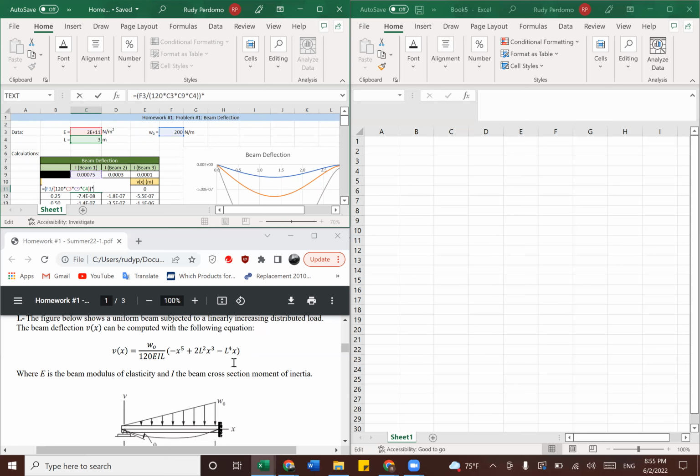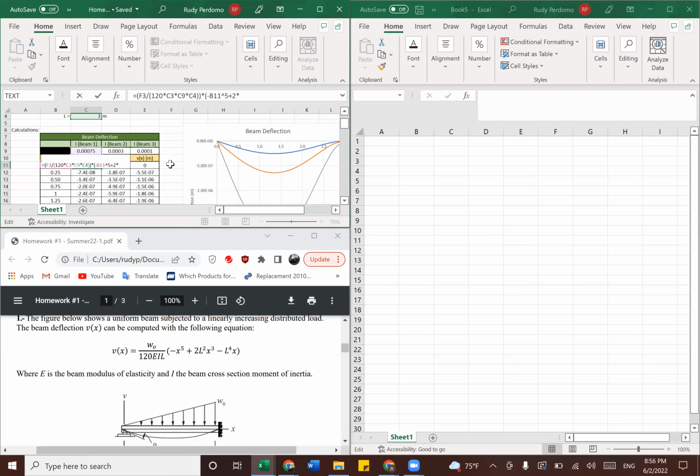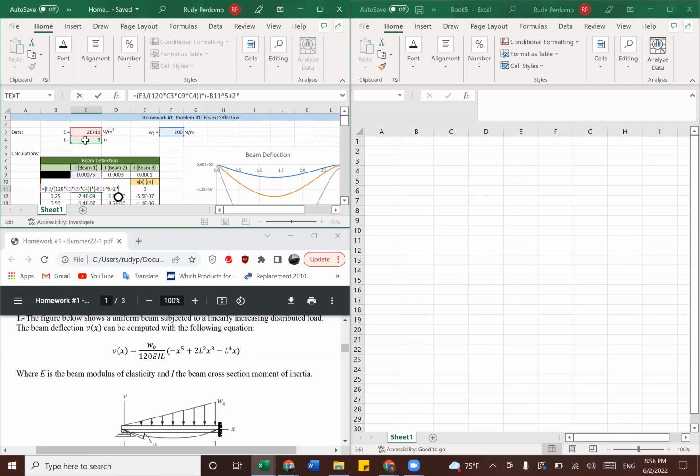So it would be negative x. So x is right here, I think it's B11. Okay, so let's put this whole thing in parentheses. So it'd be negative x to the 5th plus 2 times L. L is right here.